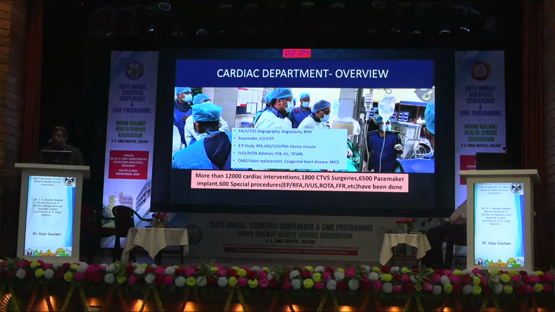So, to give you an overview of our department, we have a lot of state-of-the-art facilities in our hospital's cardiology department. We do angiography, coronaries as well as peripheral, angioplasty, BMV, pacemaker, ICD, CRT implantation, EP study, rotablation, ASD, VSD, PDA device closure, IVUS, OCT, FFR, IVL, TEVAR, CABG, valve replacement, congenital heart disease, and MICS.